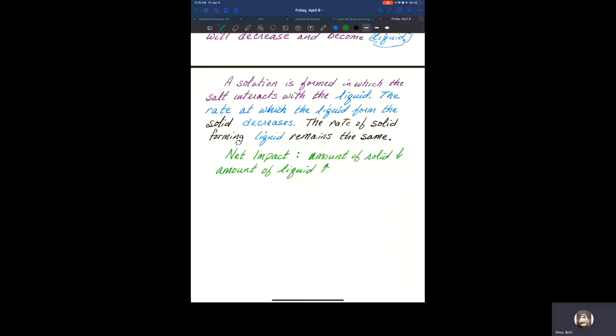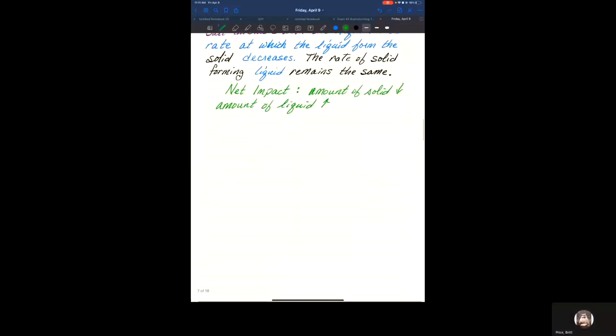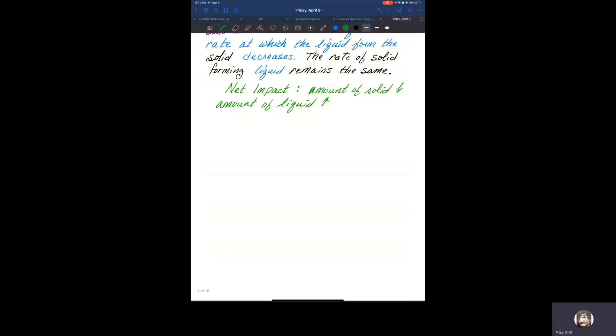The amount of liquid goes up. That's our net impact. So it's not necessarily that salt makes it melt. It's really that the salt keeps the liquid from going back to the solid. So the freezing doesn't happen. If freezing doesn't happen, melting takes over.